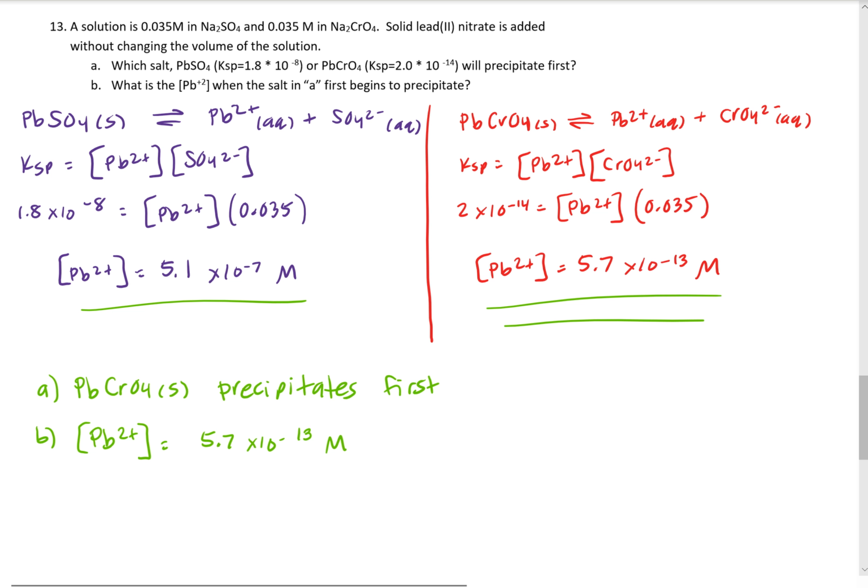So since I got identical conditions, the only thing that makes these 2 salts different is their KSP values, and the one that has the smaller KSP value, 10 to the negative 14, is going to precipitate first, because that 10 to the negative 14 means it's really insoluble, so it's going to be the first solid to form. Okay.